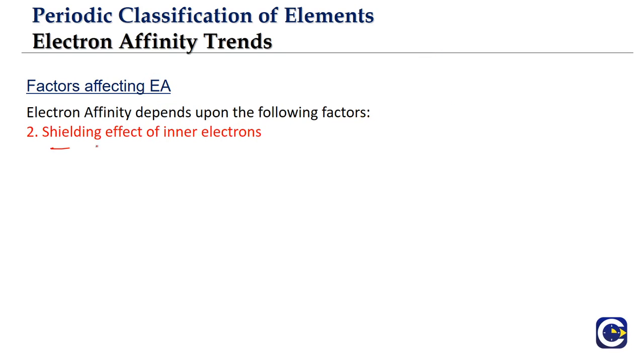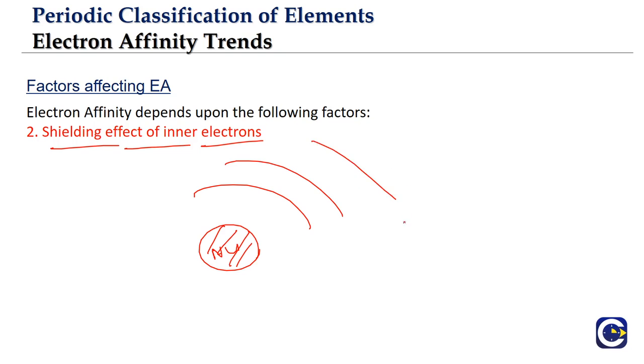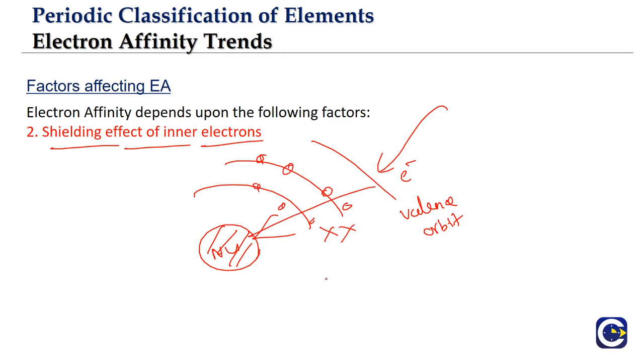The other effect is about the shielding effect of inner electrons. Now if you have a nucleus, inner electrons are there. Let us say this is the valence orbit. Now the electron is going to come into the valence orbit, the incoming electron.